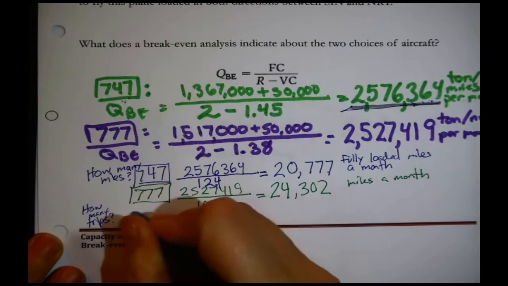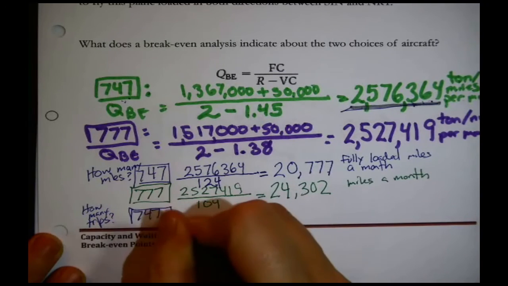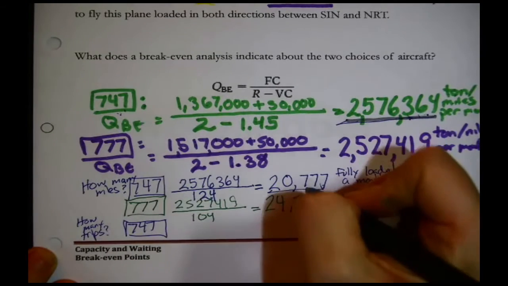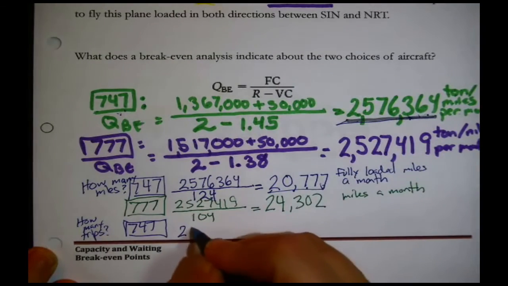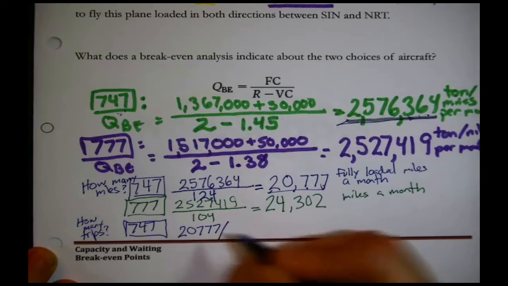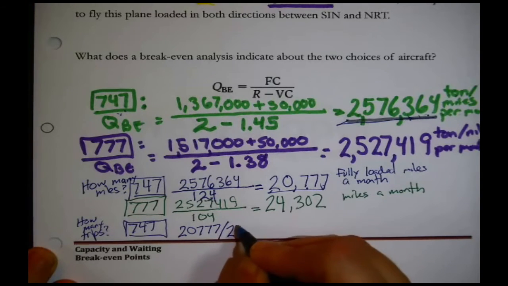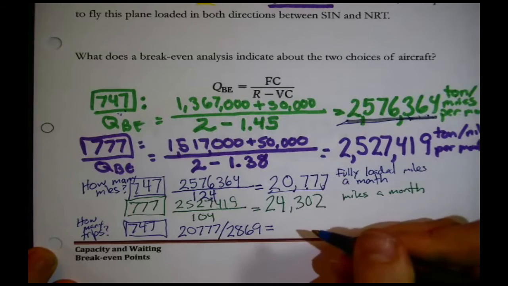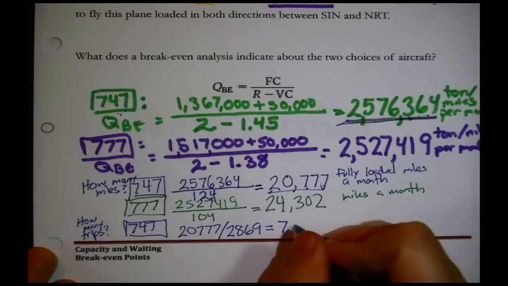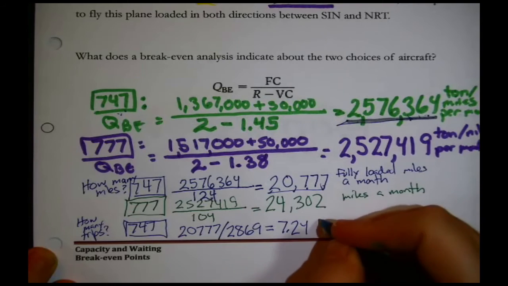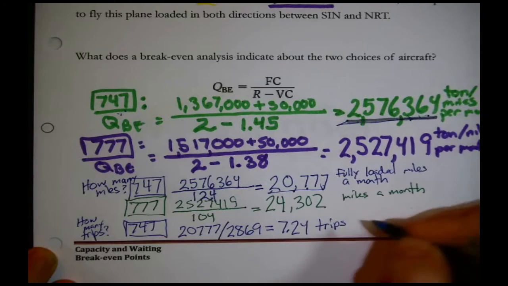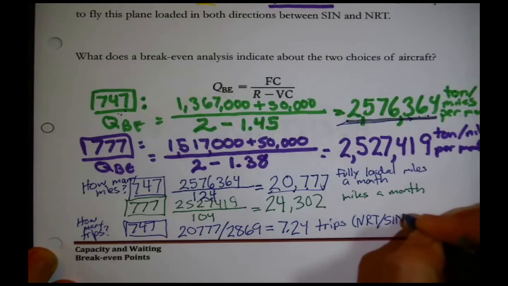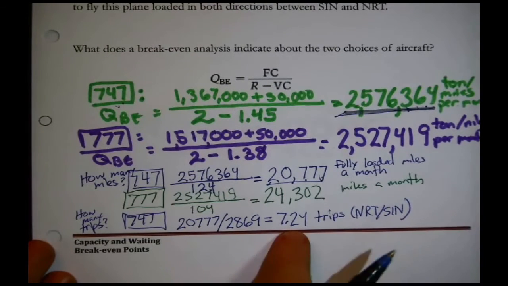For the 747, I take the result of this stage of the analysis, 20,777, divided by a single trip of 2,869 miles, and I get 7.24 trips, Narita to Singapore Changi Airport or back, assuming fully loaded.